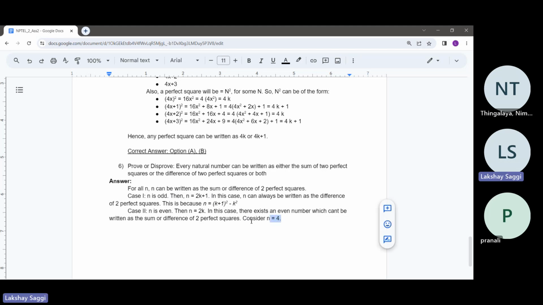So 4 is an even number, and we'll show that this 4 can't be written as a sum or a difference of two perfect squares. It's easy to see that 4 can't be written as sum of two perfect squares, right? And why is this the case? Because we are considering only perfect squares of natural numbers, as I say.